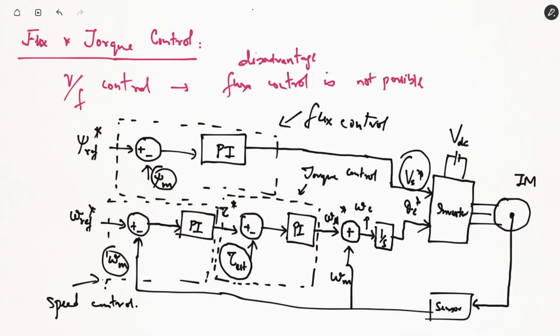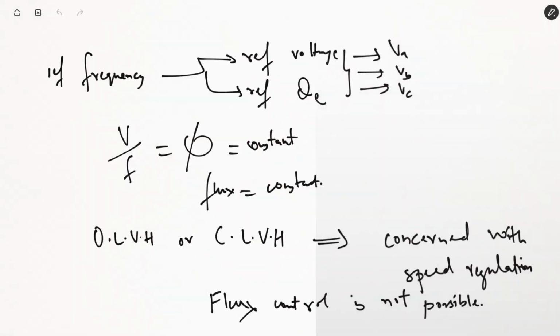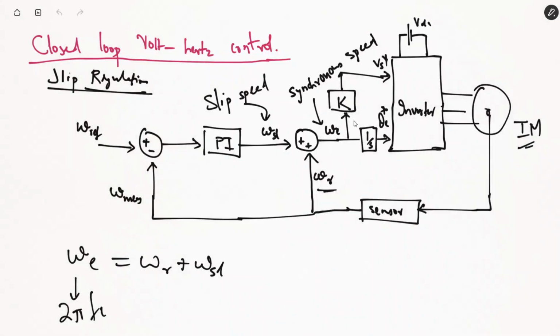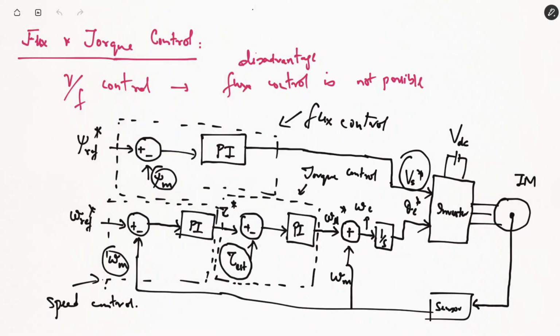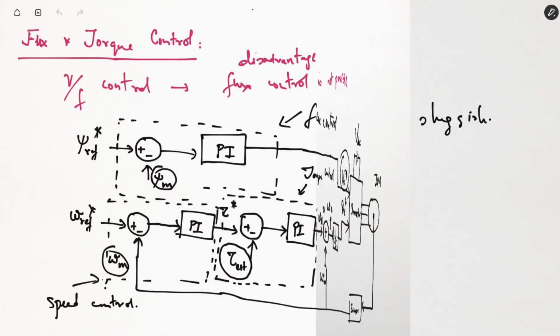We were controlling the voltage in the V by F control, as well as in case of flux and torque control. What we have seen is we are changing the voltage feeding the induction motor. So to improve the speed response, what we can do is we can vary the current.